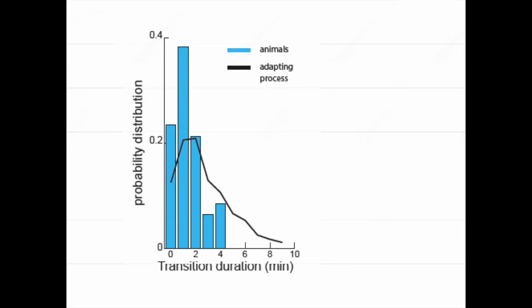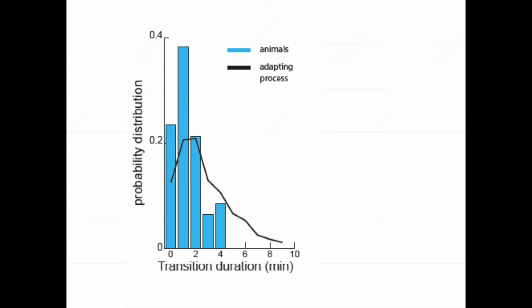That would induce the number of turns initially, and then as the animal adapts to the new zero concentration, the number of turns will decrease. But the key feature is that if I assume a single time constant, I can either explain that the transition is short, or I can explain that the duration of the local search is long.